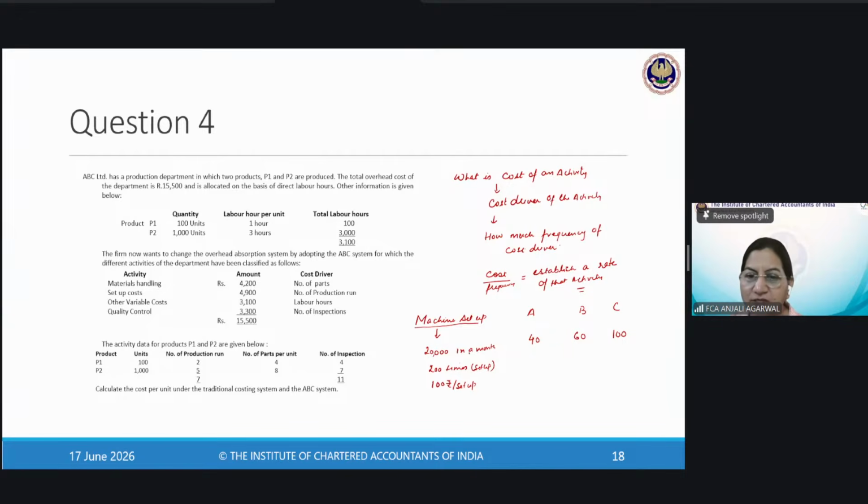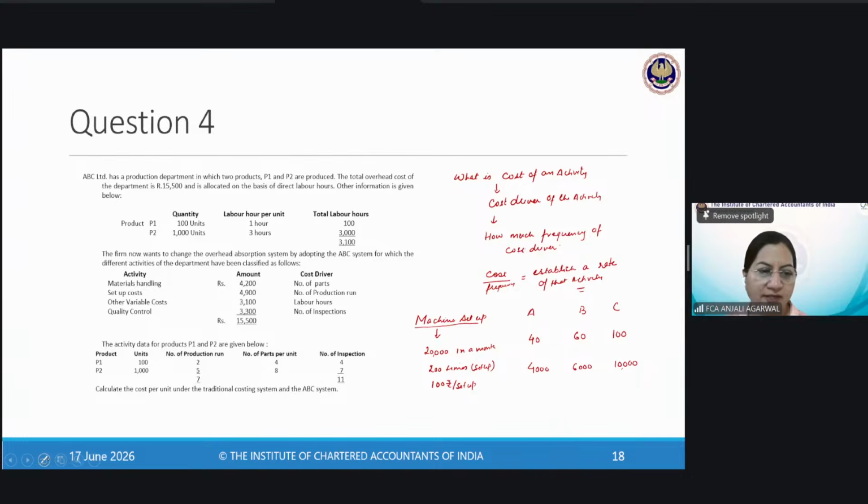So in this way, this 20,000 should be allocated as 4,000, 6,000, and 10,000. So it is a more scientific way of distributing the overheads amongst the various departments. And activity-based costing will give you more realistic and more appropriate and reasonable results as compared to the traditional method of following the overheads absorption.